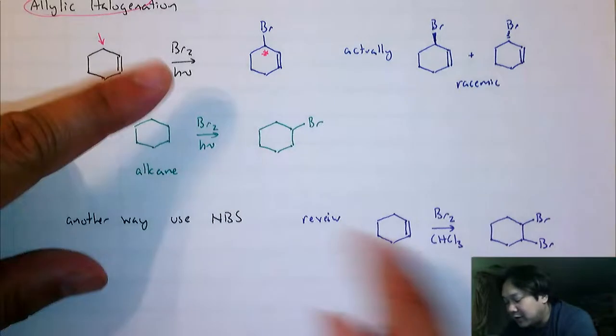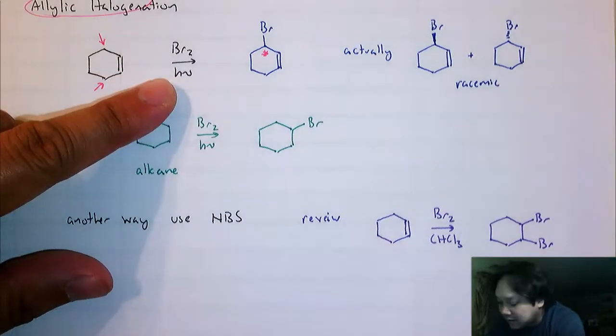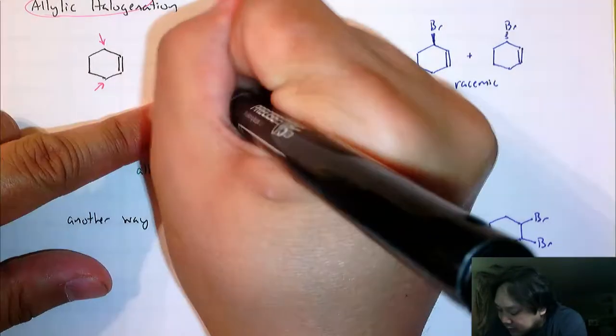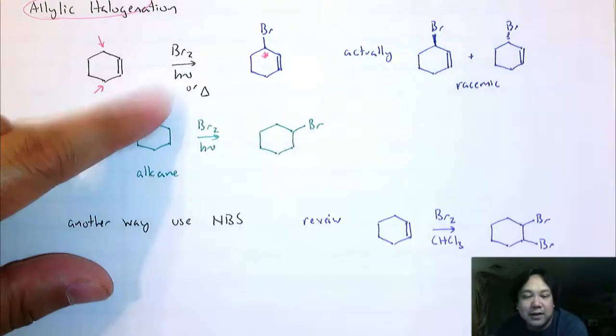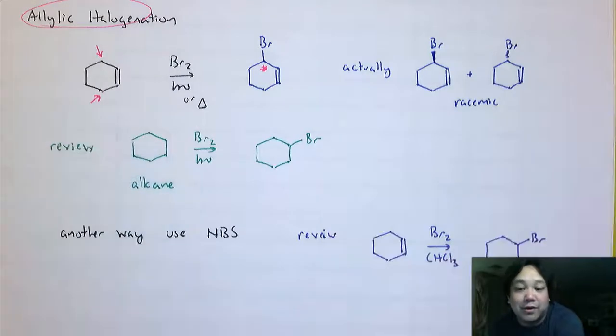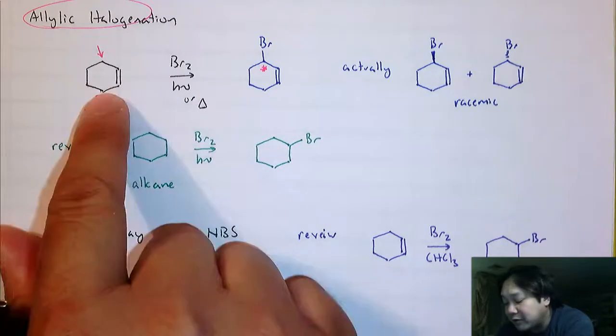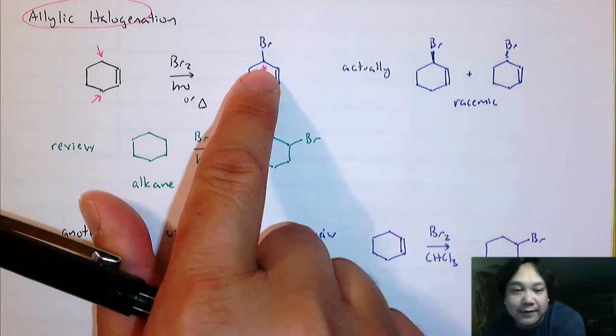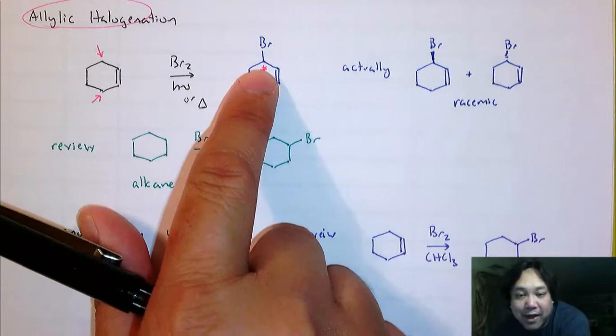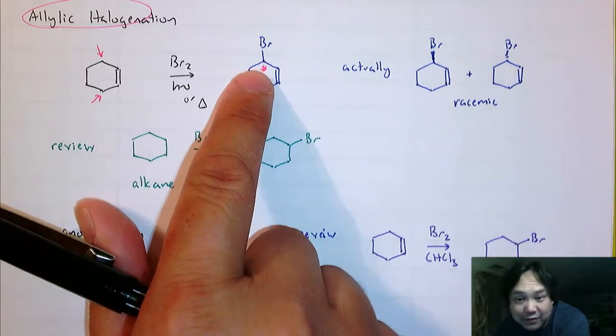So here you use either light. Whenever you could use light, you could use also heat. That actually indicates that you're going through a radical mechanism. That's a very good clue that you're going through a radical mechanism. If you go through a radical mechanism for an alkene, you go ahead and make the most stable radical, which is the allylic radical.